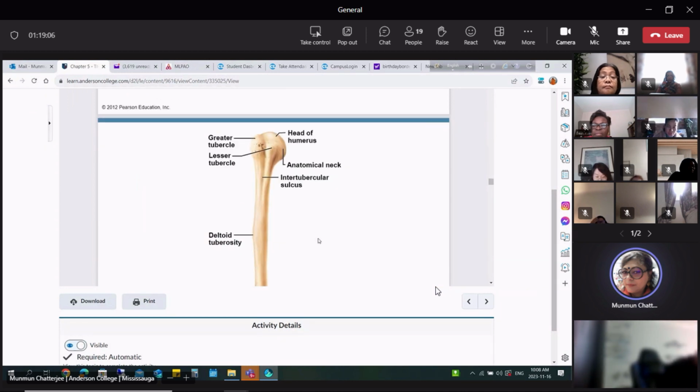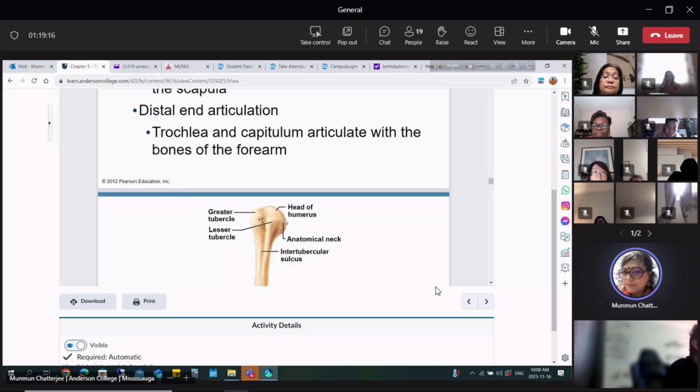I can show you here, it's called the head of the humerus. This is the long bone. It is kept attached with the scapula by a notch-type structure, called the glenoid cavity.